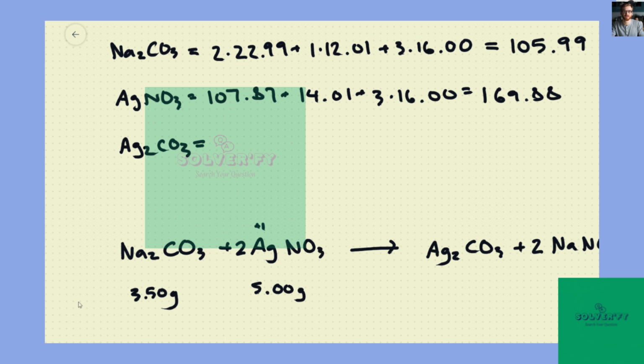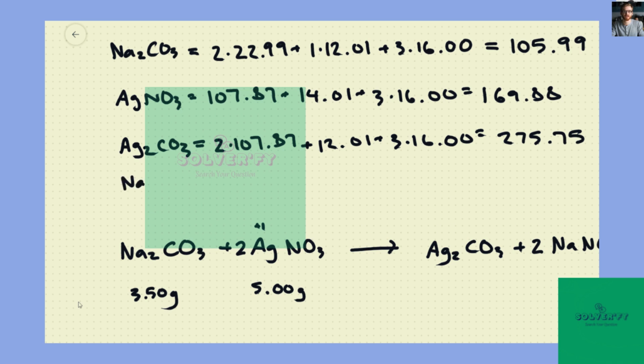Silver carbonate, 2 times 107.87 plus 12.01 plus 3 times 16.00, is 275.75. Finally, we have NaNO3.